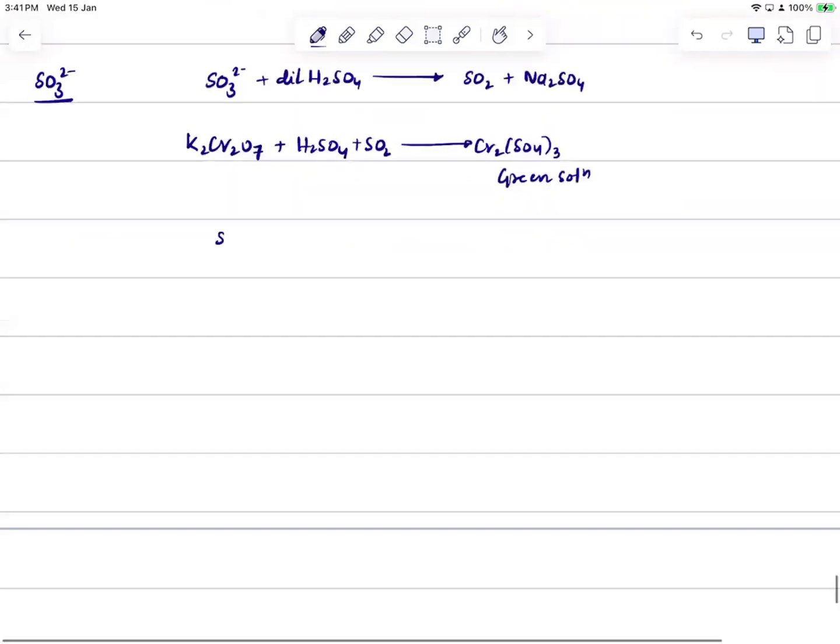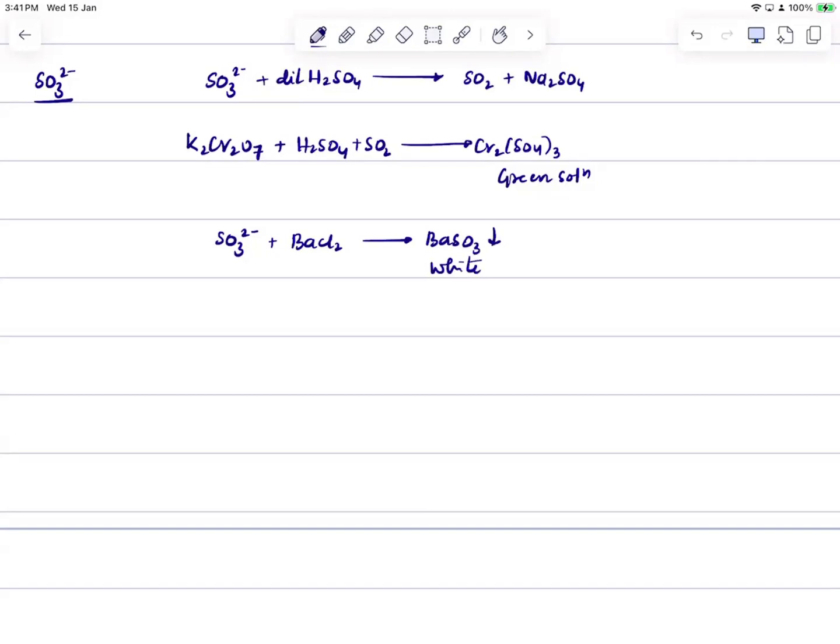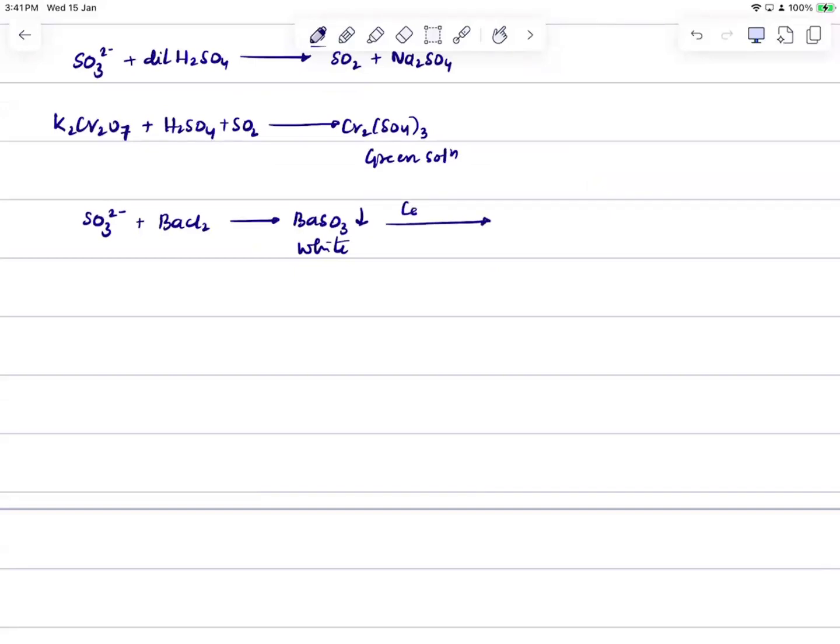The other reaction is SO3 2- salts. If you directly react with barium chloride, this will become a white PPT of BaSO3, white PPT. Got it? In fact, if you add this to concentrated H2SO4, this will again become barium sulfate, which is also a white PPT, releasing some amount of SO2 gas here. Correct? This is one way of looking at it. Same way we can do the reaction with KMnO4 also with SO2.